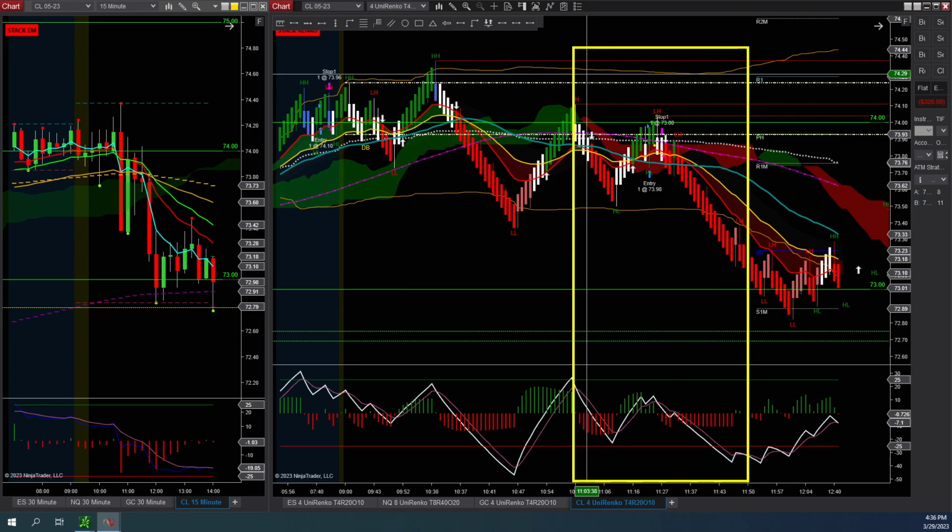So in this area, you see that candle right there where I took the trade. If you see this momentum is above the zero line, and it was also bouncing back up.